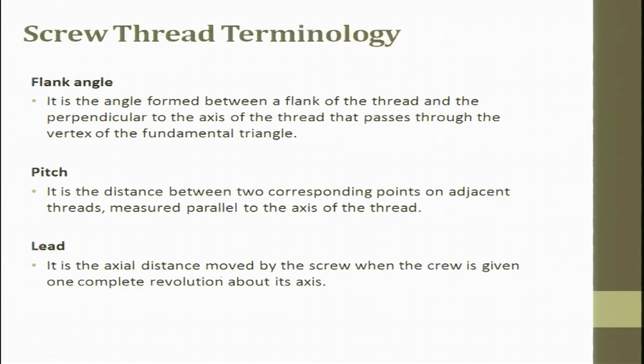Next, flank angle. It is the angle formed between a flank of a thread and a perpendicular to the axis. Suppose you have something like this, right, between the perpendicular line and the flank is alpha. It is the angle formed between a flank of a thread and the perpendicular to the axis of the thread that passes through the vertex of the fundamental triangle, called the flank angle.